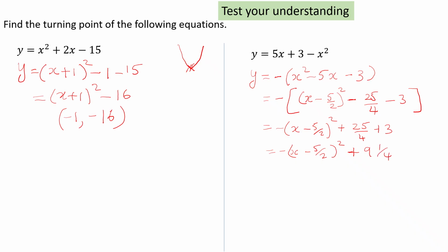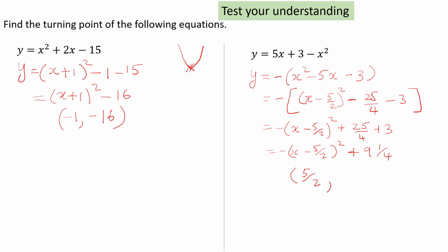So the turning point is where the bracket is at its minimum, when x equals plus 5 over 2. The x value is plus 5 over 2, and the bracket is 0.